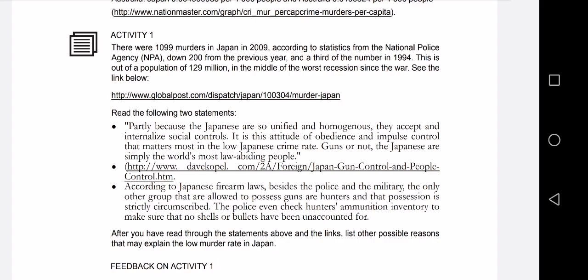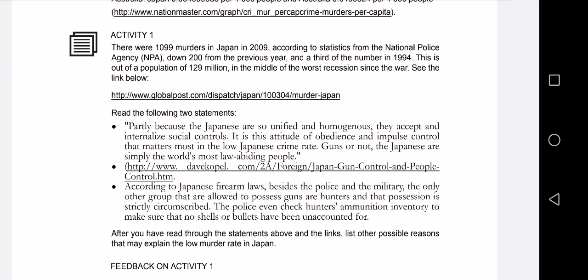Activity 1. There were 1,099 murders in Japan in 2009, according to statistics from the National Police Agency, down 200 from the previous year, and a third of the number in 1994.